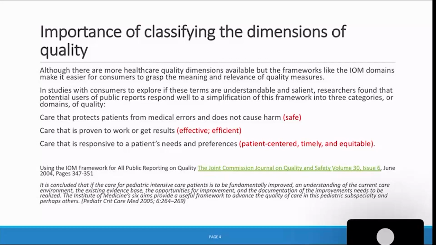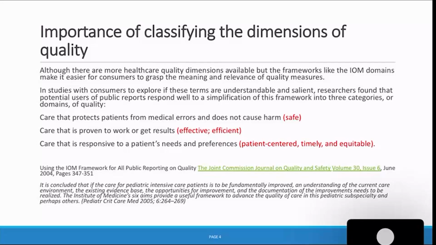There are some publications and studies which explored whether the terms are understandable and resilient. Researchers found that potential users of public reports respond well to a simplification of this framework into three categories. There are publications which talk more about this, using the IOM framework for public reporting on quality.